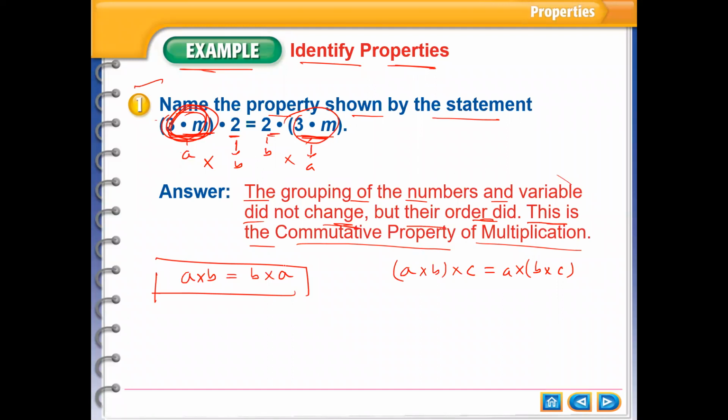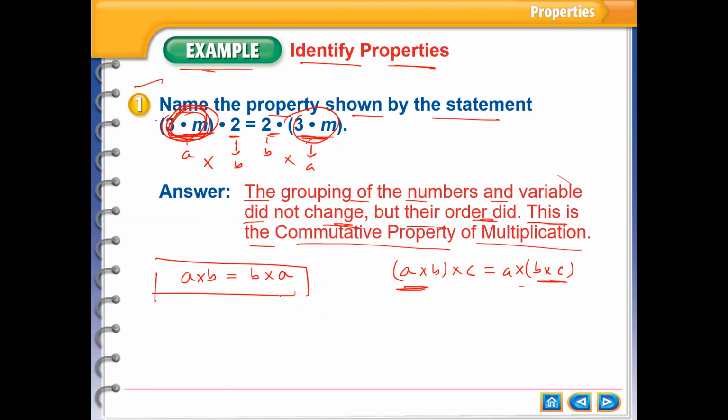Is it clear, or shall I explain more? Because numbers inside the bracket are not getting changed. If the numbers get changed, only then we can say it's an associative property.